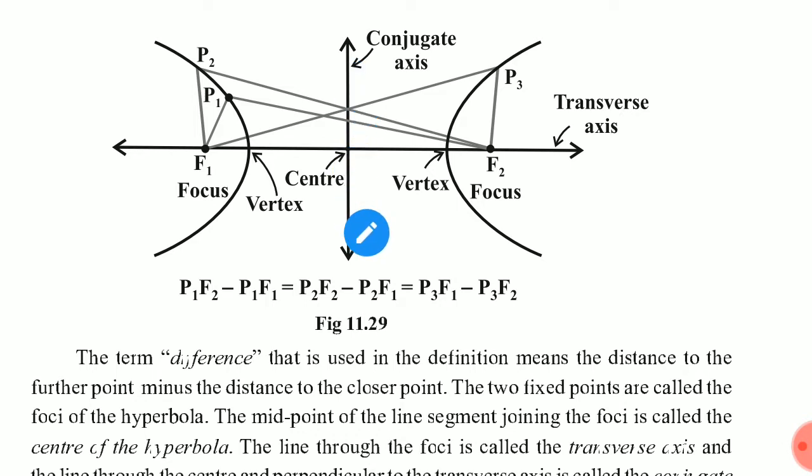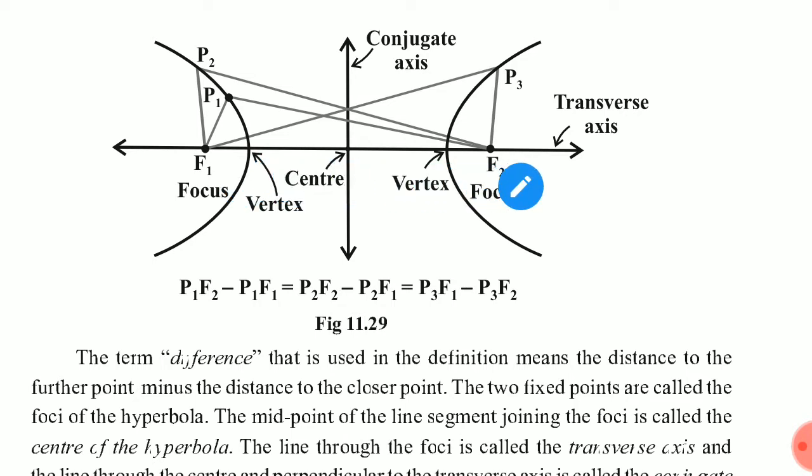So in the standard hyperbola, the center lies at the origin. This intersection point of the curve with the x-axis is called the vertex. So two vertices are there: this is the vertex on the positive x-axis, this is the vertex on the negative x-axis.